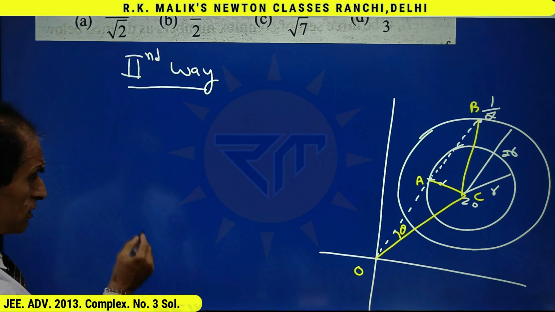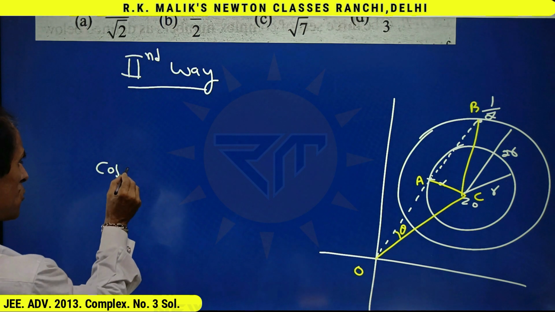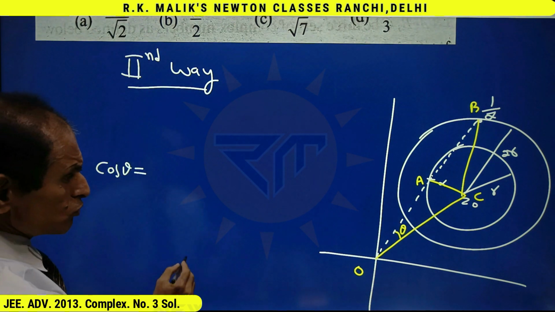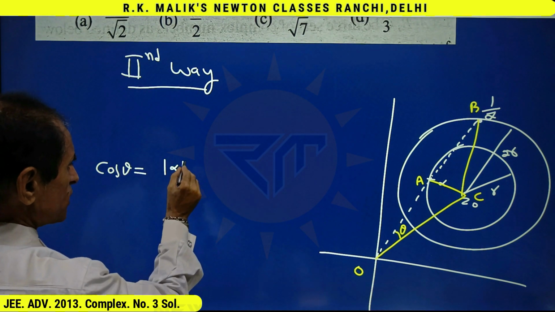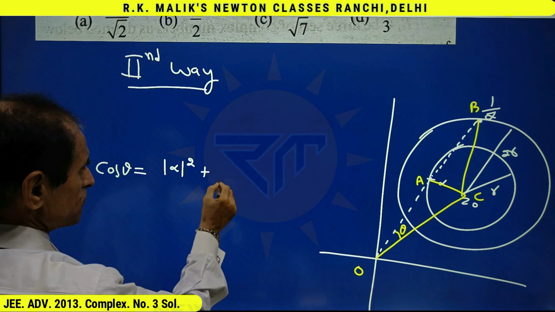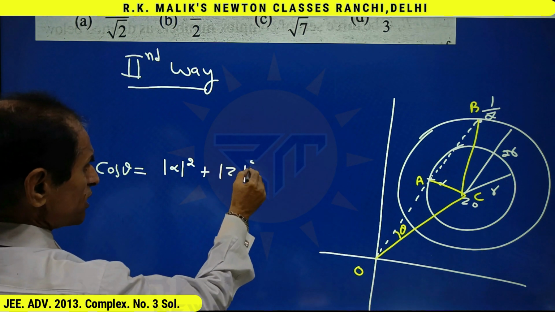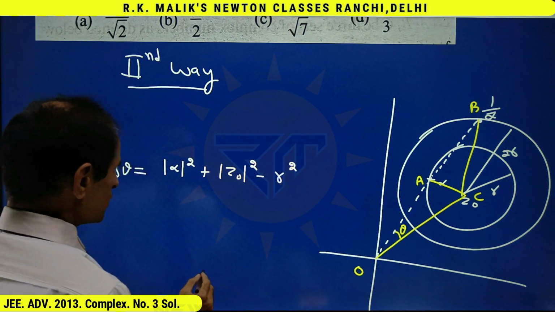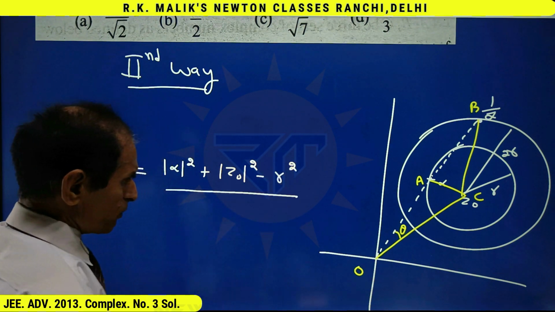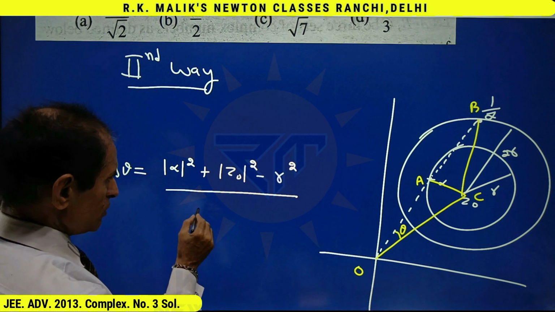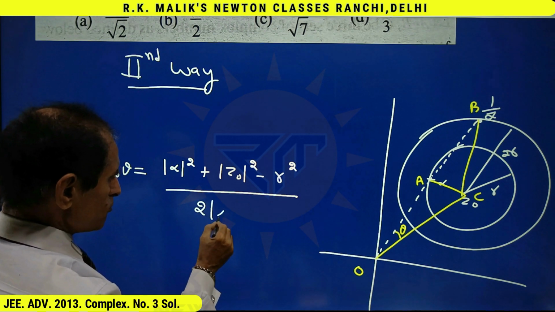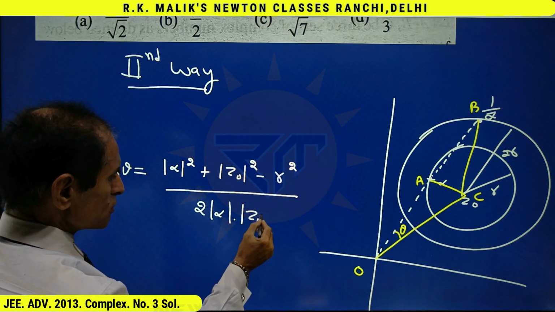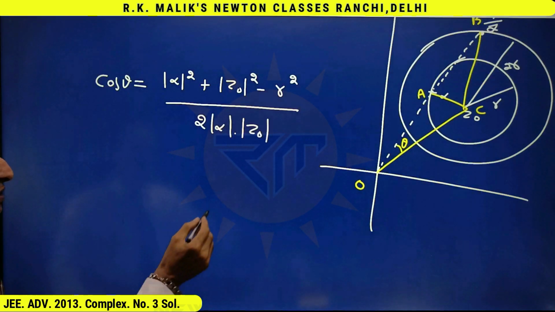According to triangle OAC, cos theta is equal to mod alpha square plus mod z0 square minus r square upon 2 into mod alpha into mod of z0.